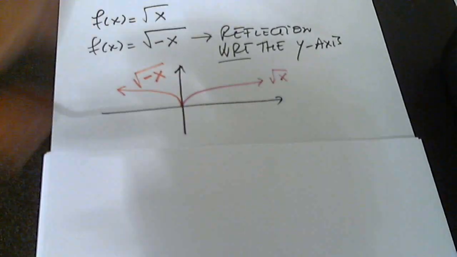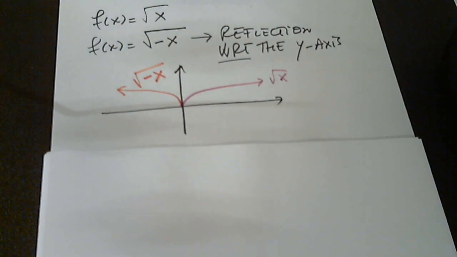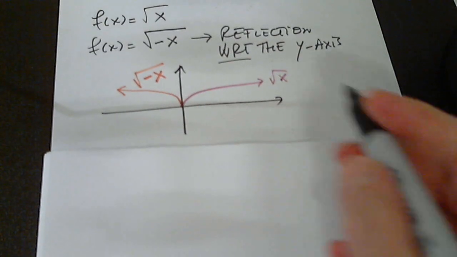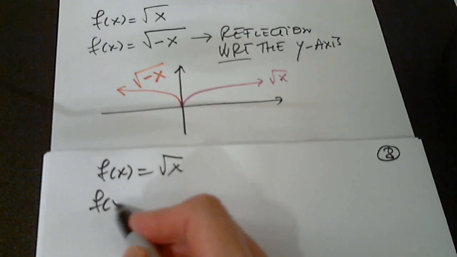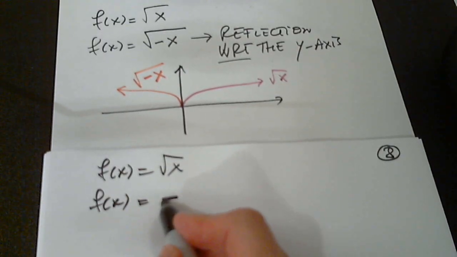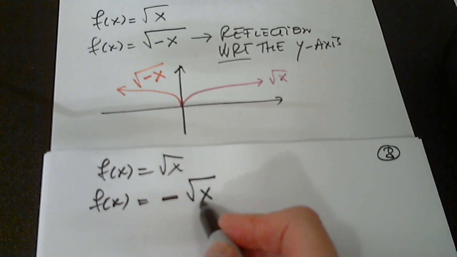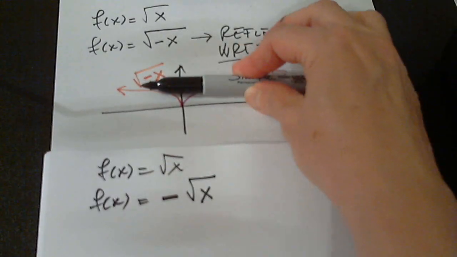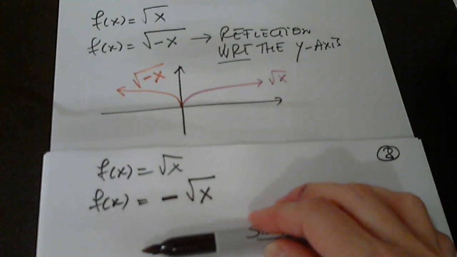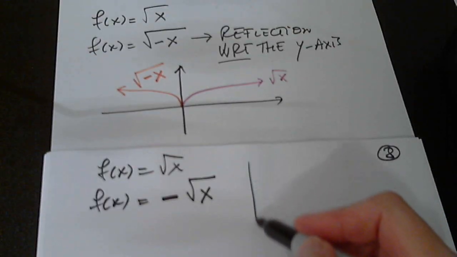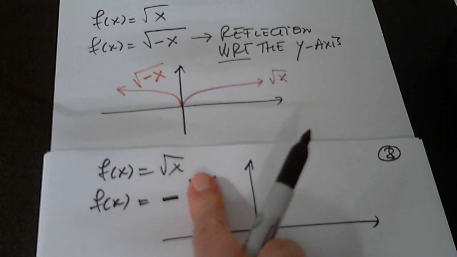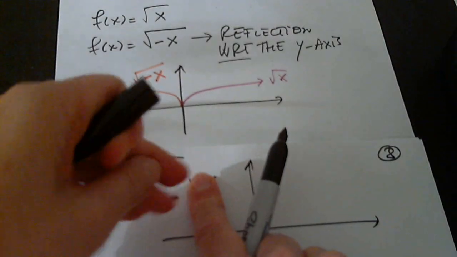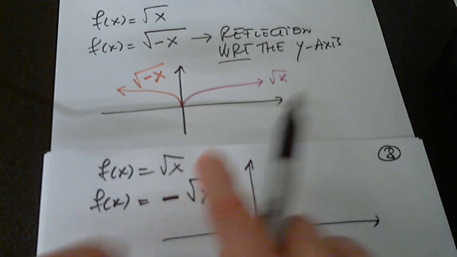Now, the reflection with respect to the x-axis for the same function will be this. F of x equals the square root of x, and f of x equals the opposite of the square root of x. Positive x, positive y, negative y. So in this case, it's outside. I perform this, I get the y value, and then I multiply by negative 1.